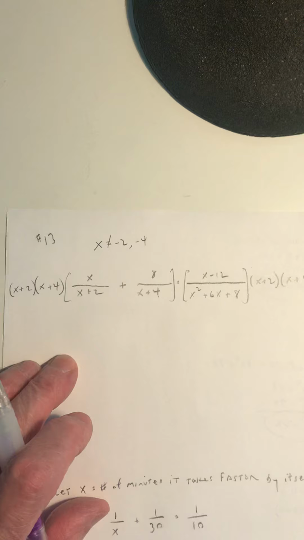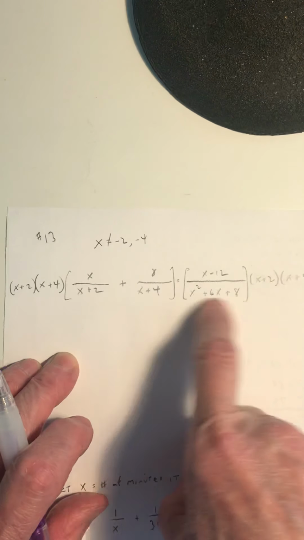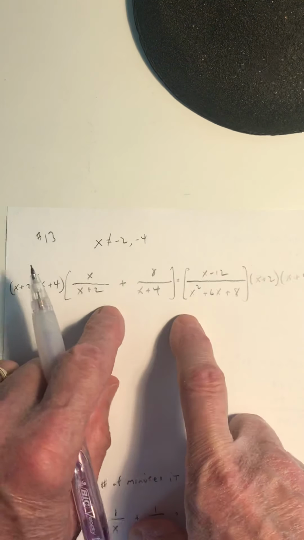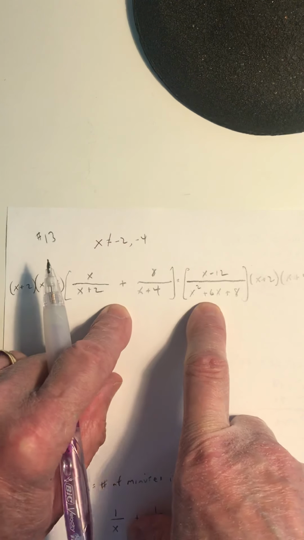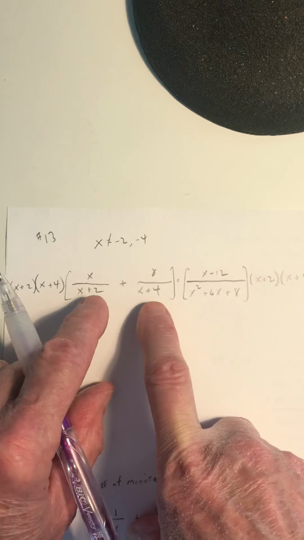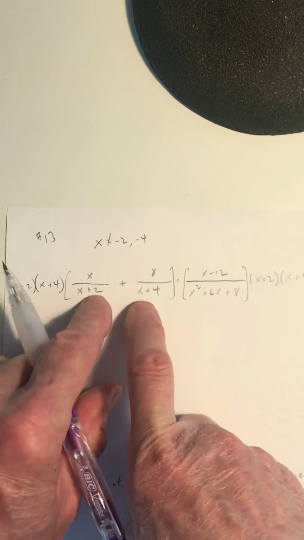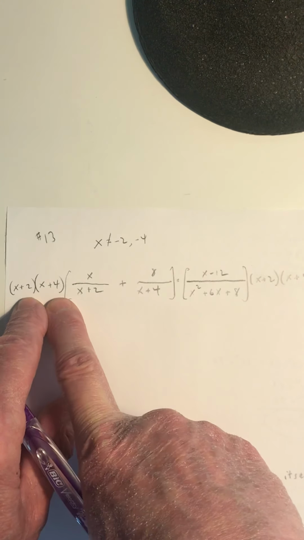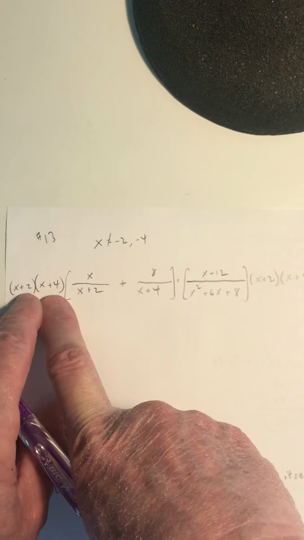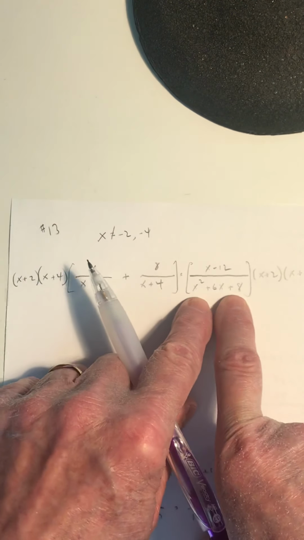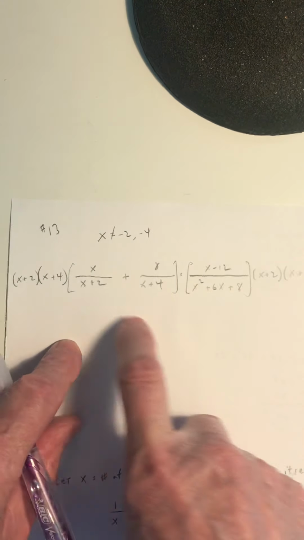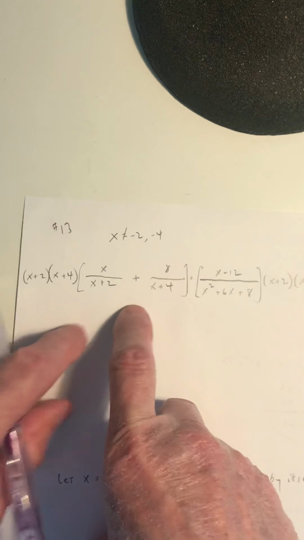So to get rid of all the fractions, to clear out all the fractions, we need to multiply both sides of the equation by the least common denominator of all three fractions, which would be the combination x plus 2, x plus 4. Remember, this multiplied out is that other denominator. So, on this side, notice the big brackets.